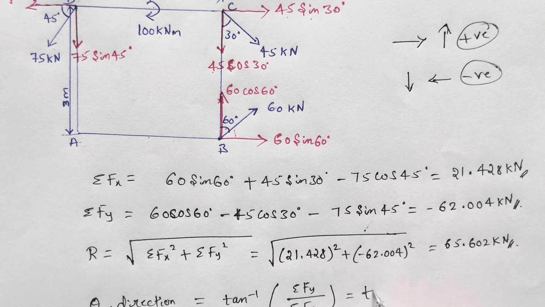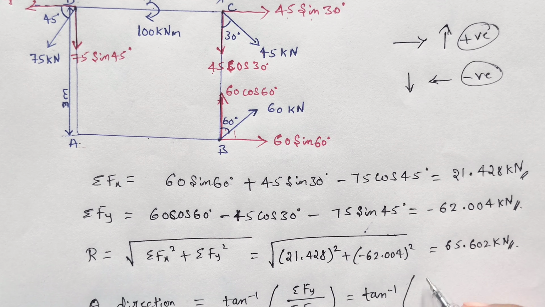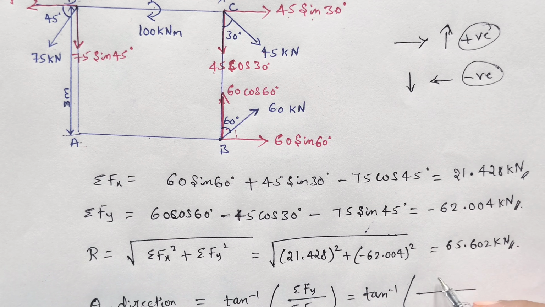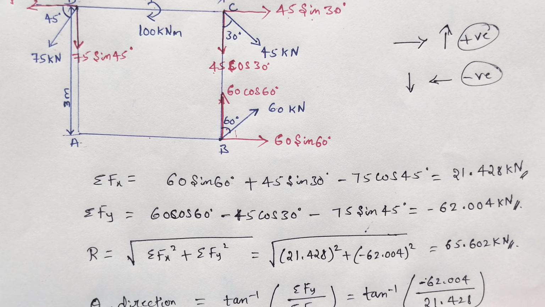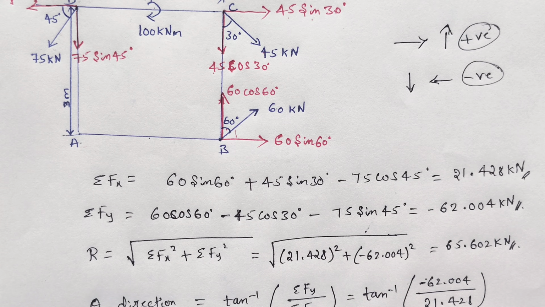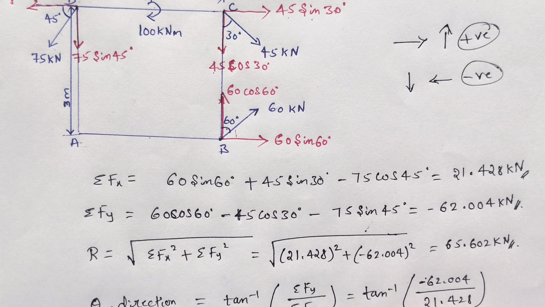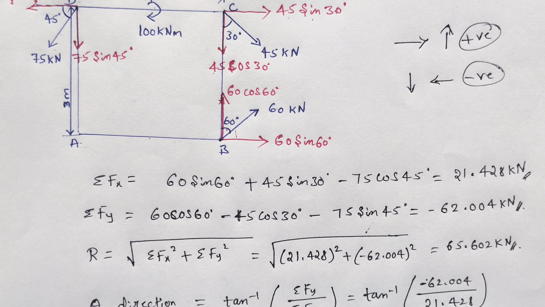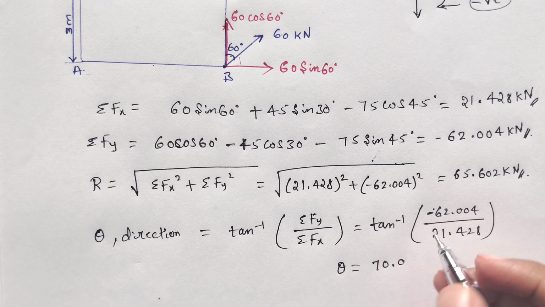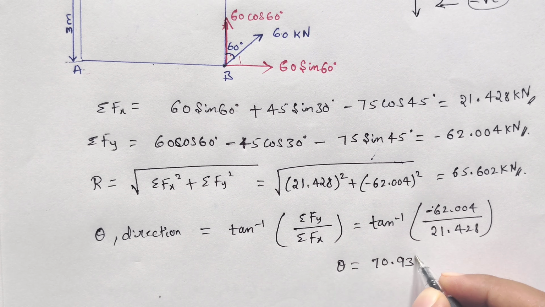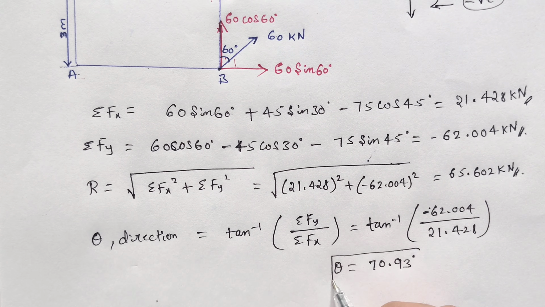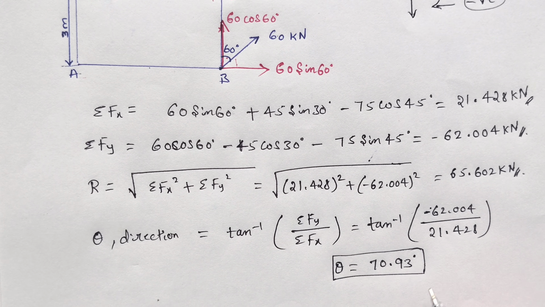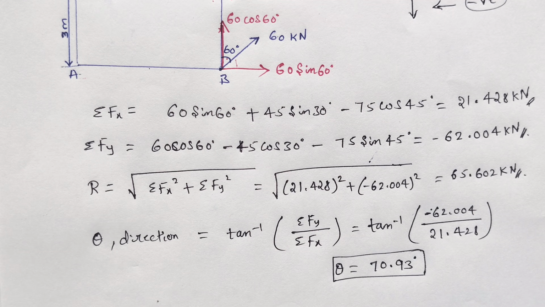So tan inverse of minus 62.004 divided by 22.428. We will get the theta value as 70.93 degrees.